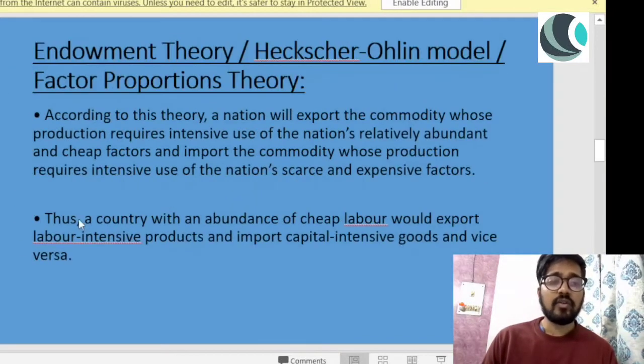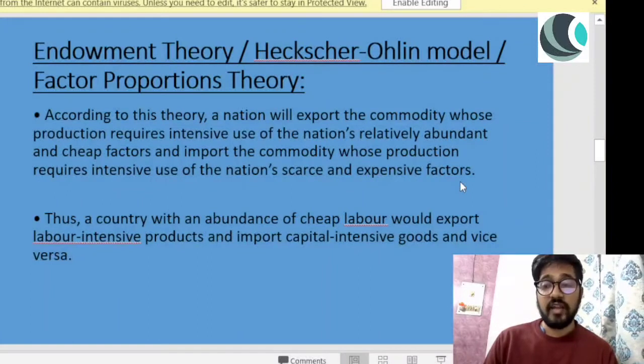Next up, we'll talk about endowment theory, Heckscher-Ohlin model, and factor proportion theory. So this is known by two other names. According to this theory, a nation will export the commodity whose production requires intensive use of the nation's relatively abundant and cheap factors, and import the commodity whose production requires intensive use of the nation's scarce and expensive factors.